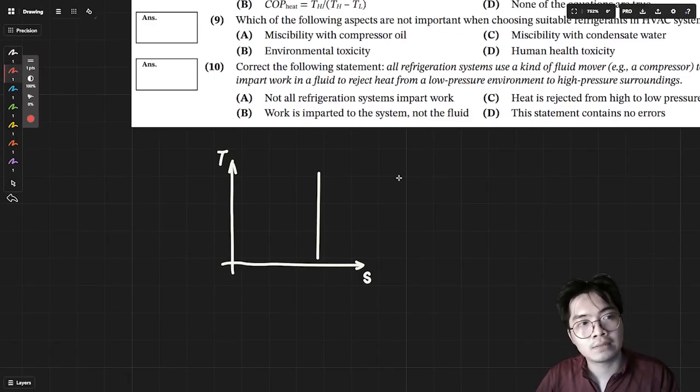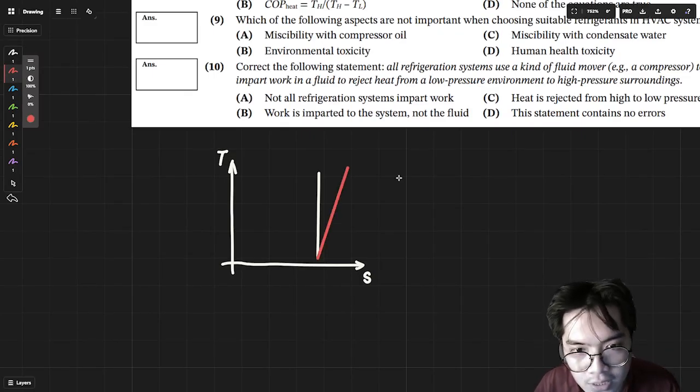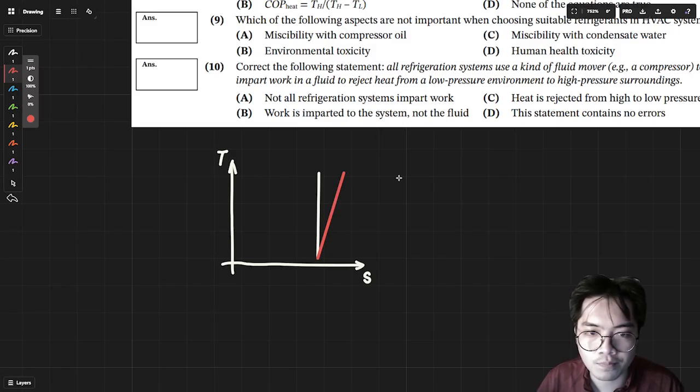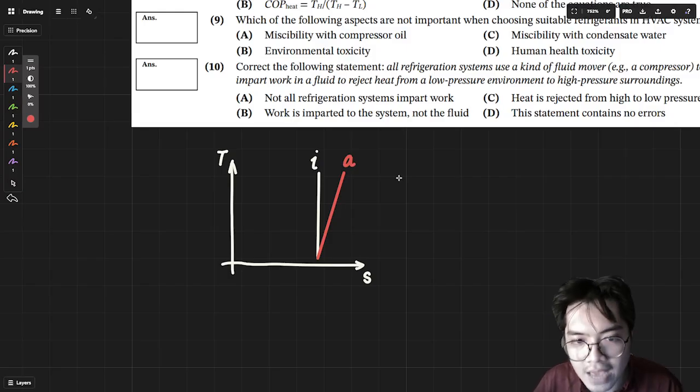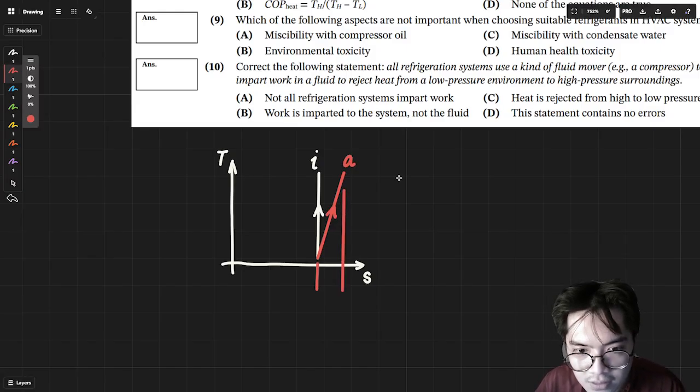But in real life, processes actually look like this. Why? This is our ideal, and then this is our actual. Why is that? Because, of course, the second law of thermodynamics always tells us that the initial entropy and the final entropy of this state is going to increase.